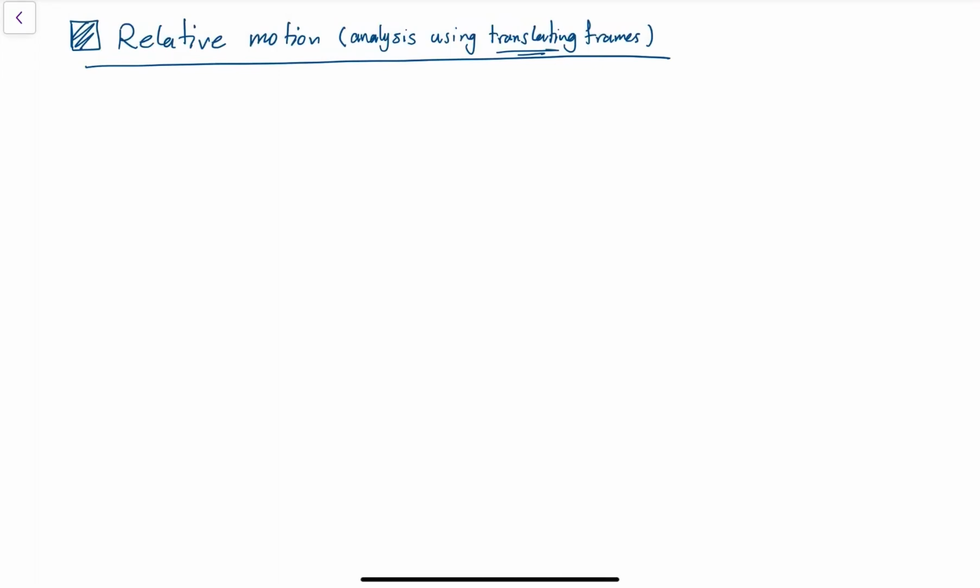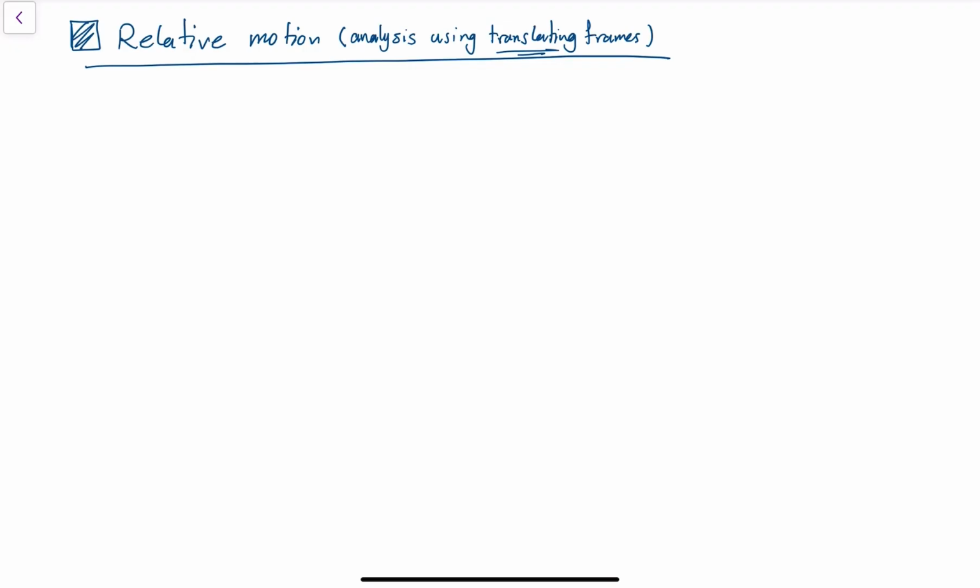Okay, the last thing we want to talk about in this chapter is the concept of relative motion, and I have added a bunch of terms to the end of this title. It is a form of analysis to relate motion of one particle to another using the relative measurements between the two.